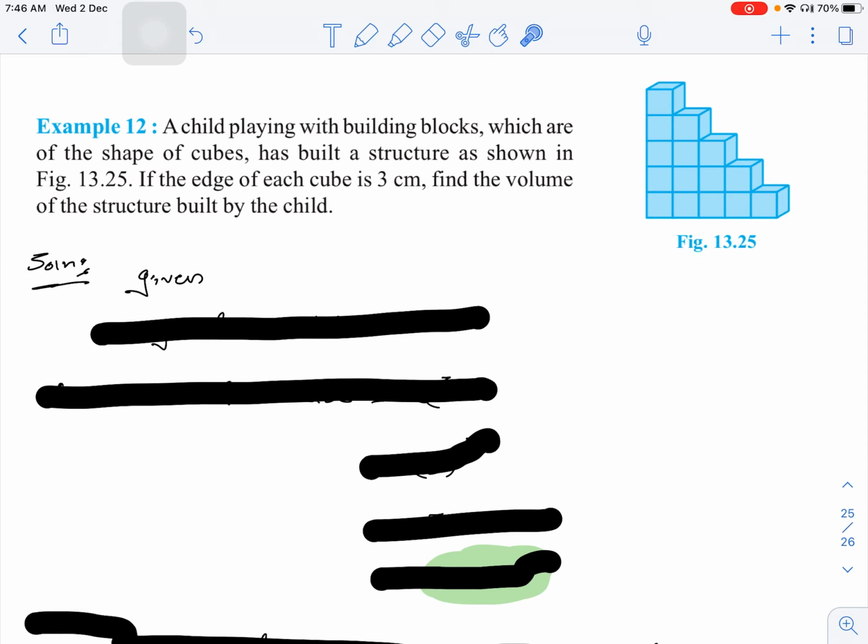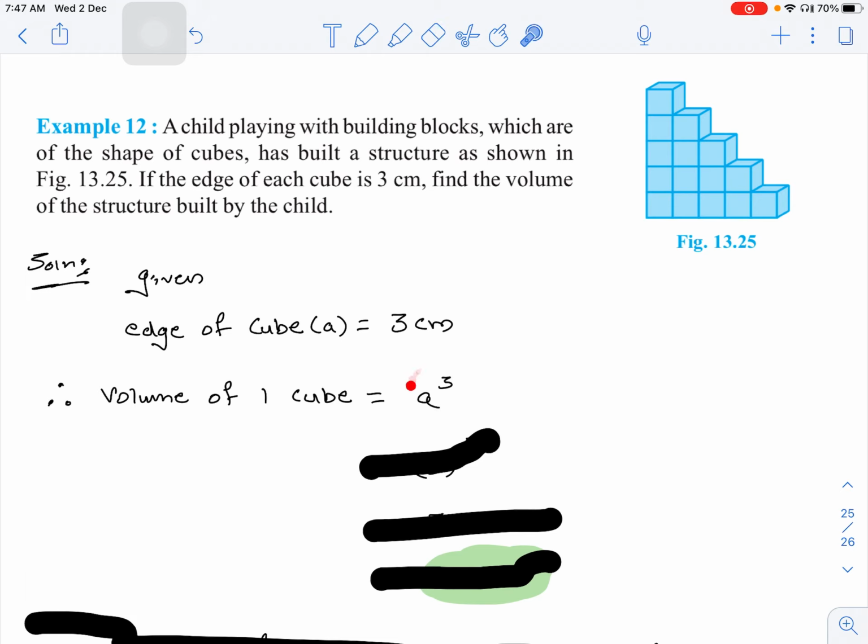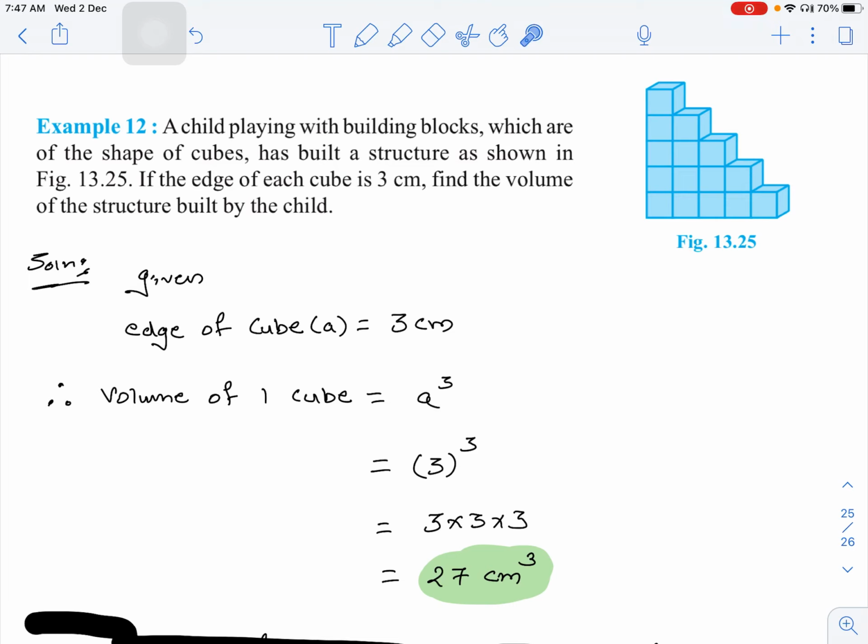If we are having these two things, we can easily find the volume of the structure. 3 into 3 into 3, so that is how much? 27 centimeter cube.